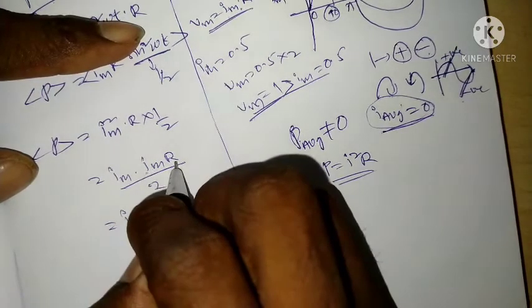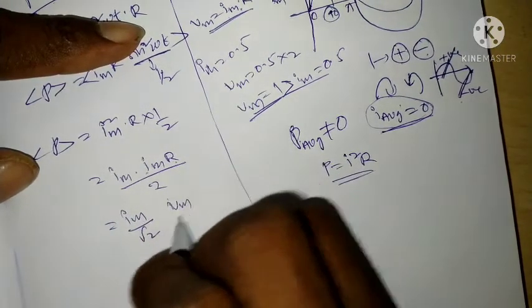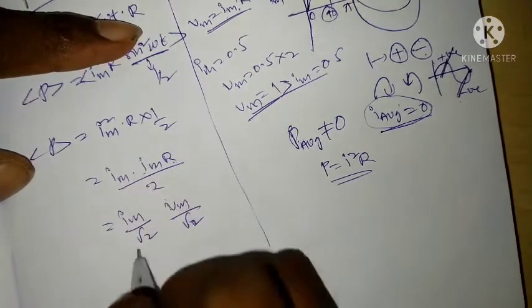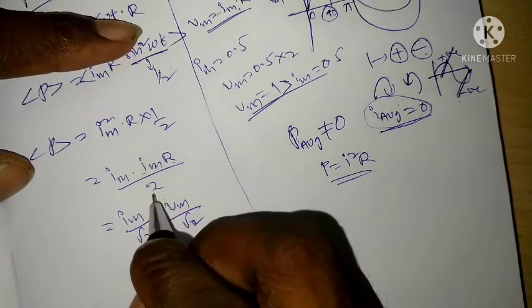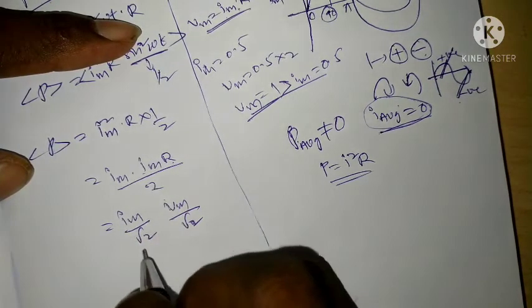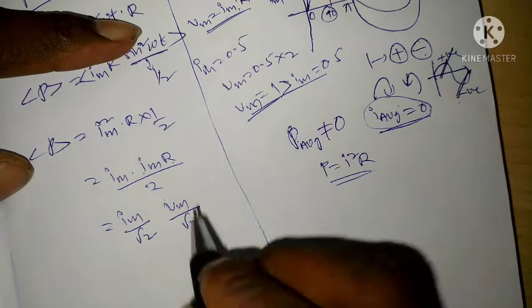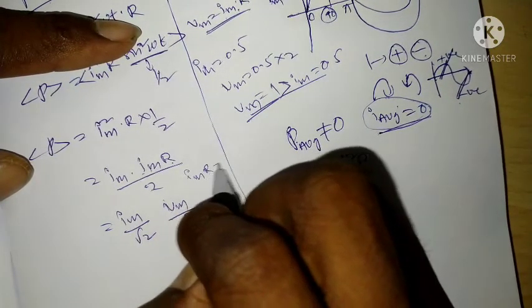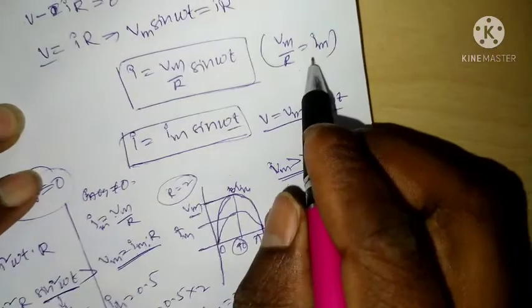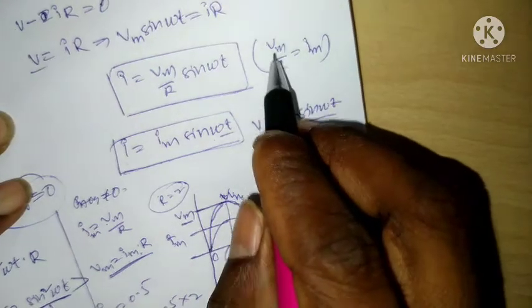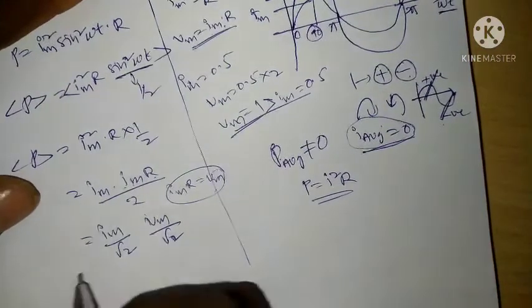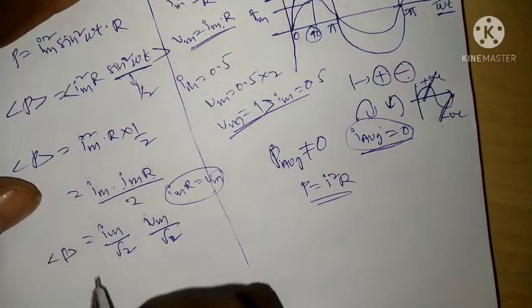That is Im into R, that is Vm by root 2. Root 2 can be written as root 2 into root 2. From this relation, Vm is equal to Im into R. That is the average power.